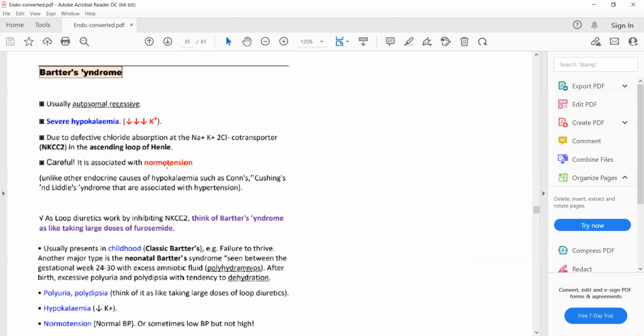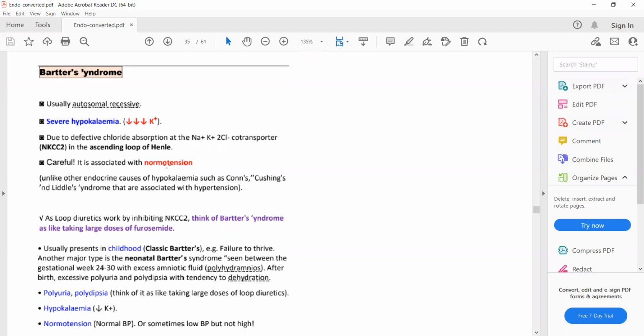The mechanism of action of loop diuretics is that they act on the 1 sodium, 1 potassium, and 2 chloride channel that is present in the ascending limb of the loop of Henle. That is why they are called loop diuretics. So Bartter syndrome is just like, you can imagine, loop diuretics.